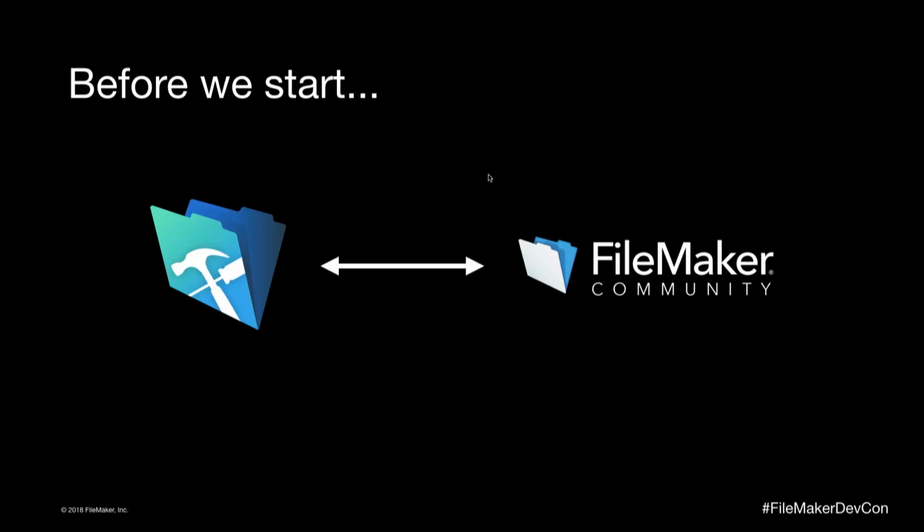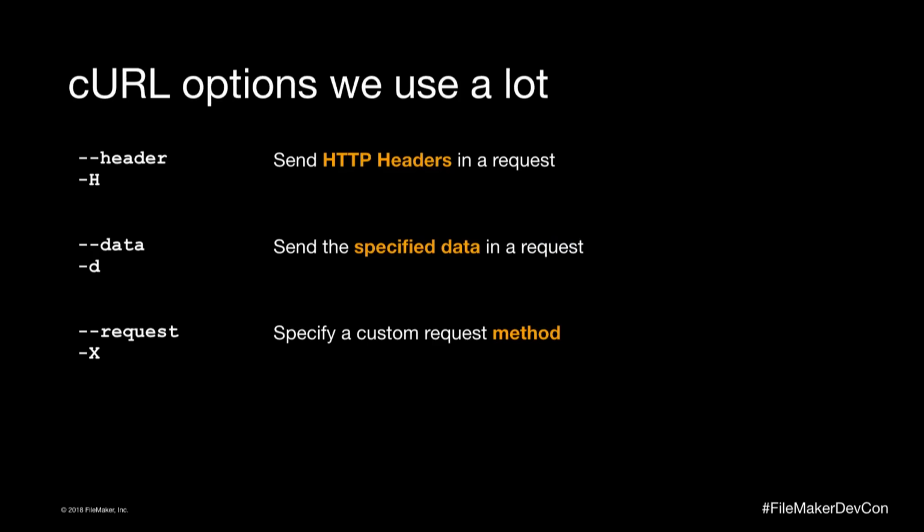OK, so let's have a look at the first cURL options. We're not going to look at many of them, less than 10. These three are the three that let us do most of the hard work. The top one, the header one, is that rock that we saw in that slide before.